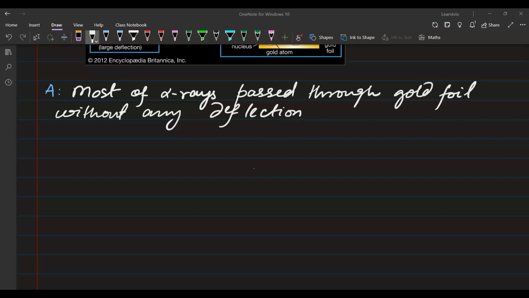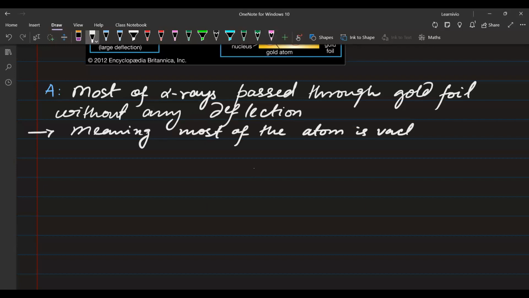How will they not find any barrier? When there is vacant space. So if most of the alpha rays pass through the gold foil without any deflection, that means most of the atom is vacant space.